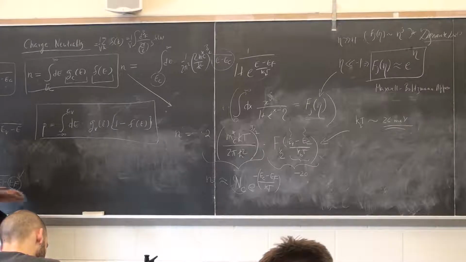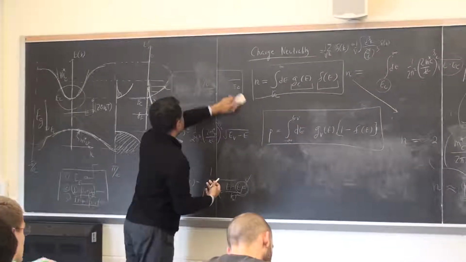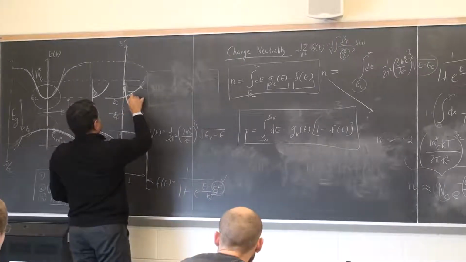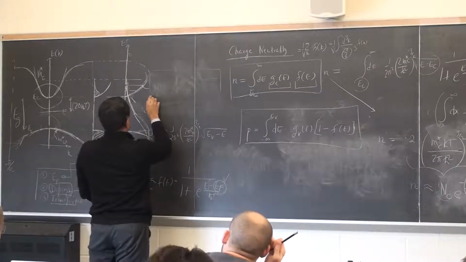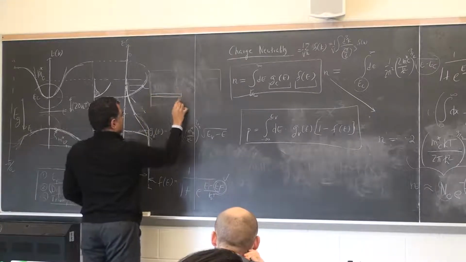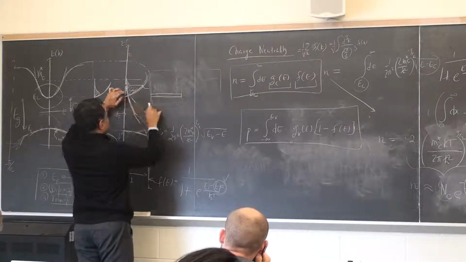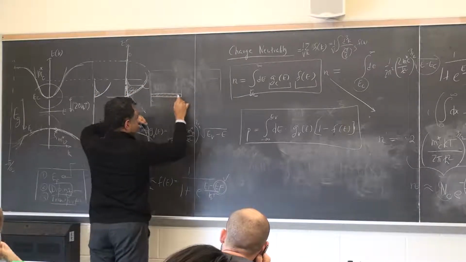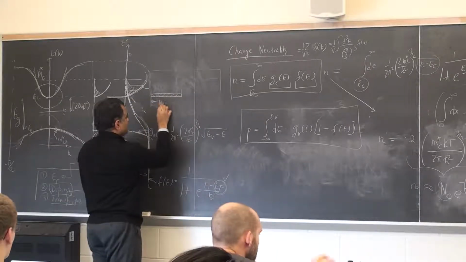The reason it's done this way is primarily for an engineering sort of application. Instead of thinking about the whole details of the square root DOS and all that, I can imagine that I have a fixed number of states here. I'm integrating out all these and putting all of them here in one rectangle, and the value of that is NC.